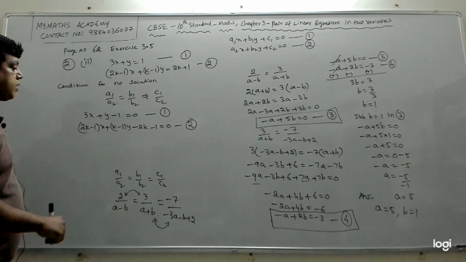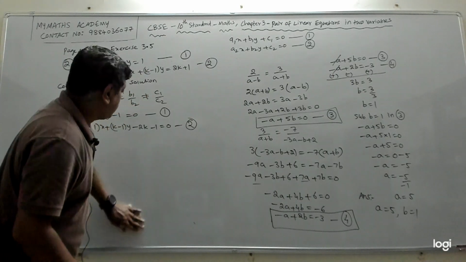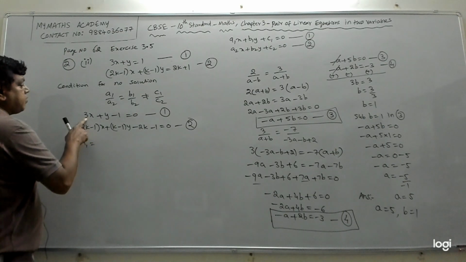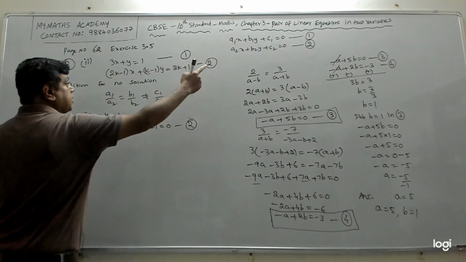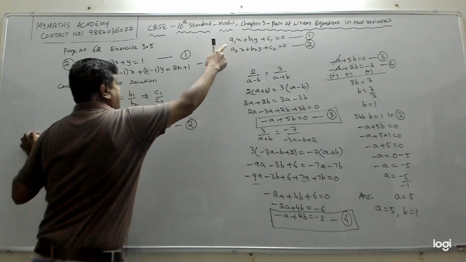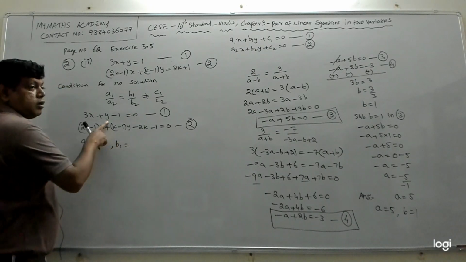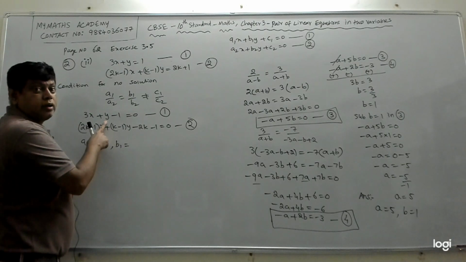Now we should find what is our a1, b1, c1. What is a1? a1 equals the coefficient of x, which is 3. Compare with the first equation, the coefficient of x is a1, so a1 is 3. And b1, don't write y.